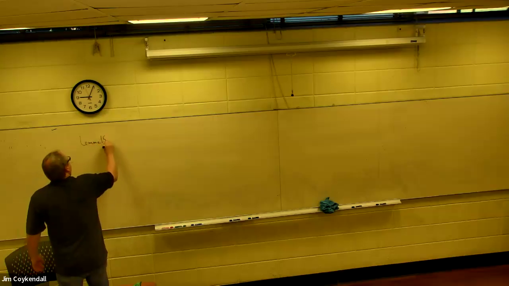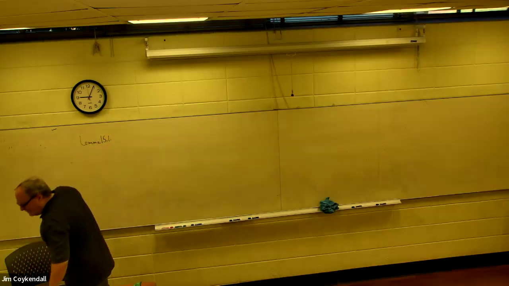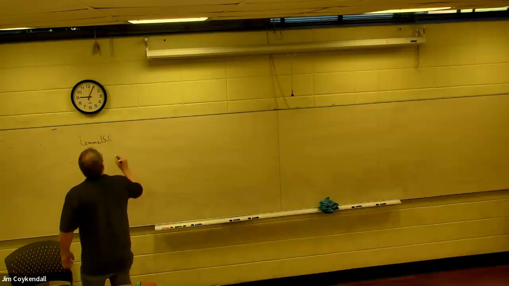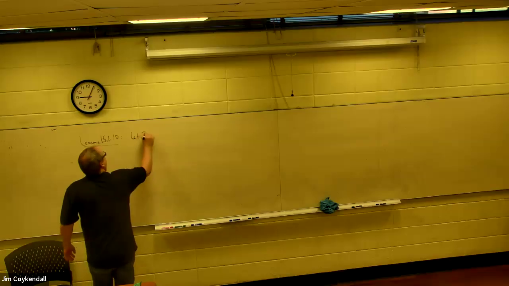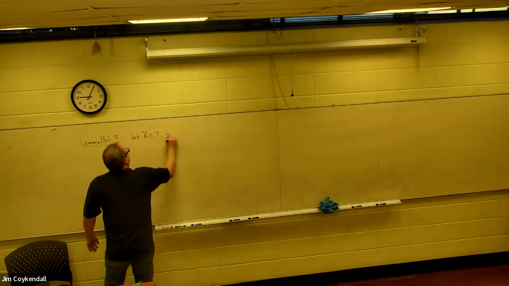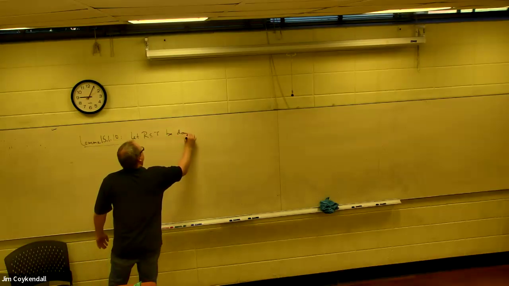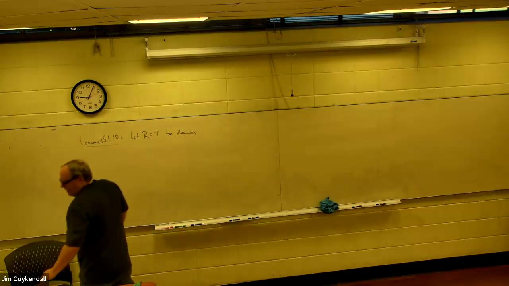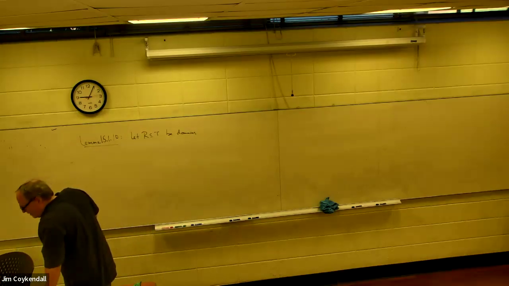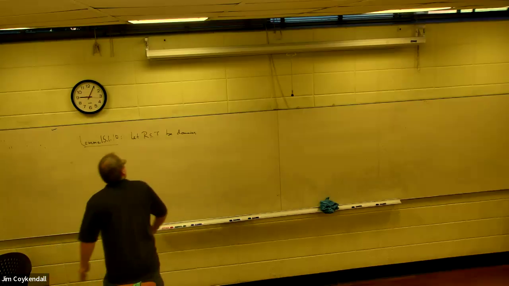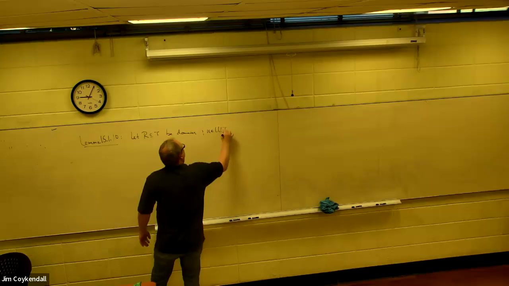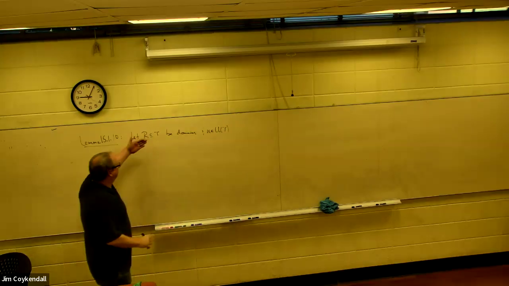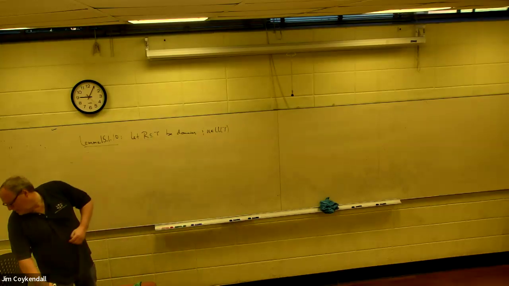Lemma 15.10. Let R and T be domains, and U a unit in T. So U is something in the larger ring that's a unit.